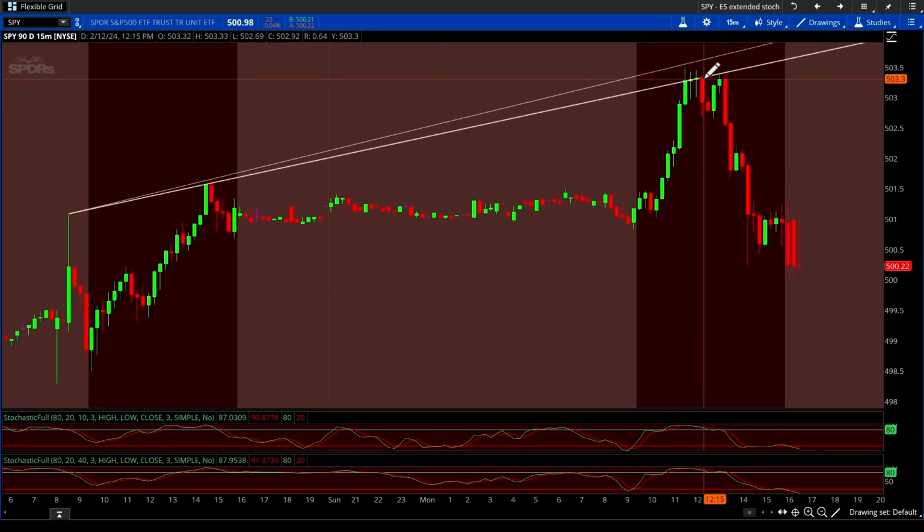Anyway, this was a fantastic setup right there, and just chart it on your own chart and study it. It's so fascinating. Anyway, that was setup number 3.